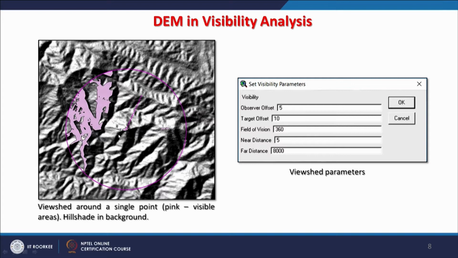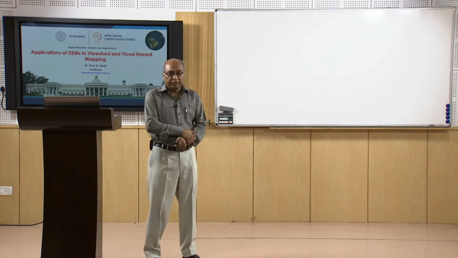Near distance, how close you want, and how far it should cover, all that can be given as options, and once the analysis is done, such outputs can be created. We will see some applications also.